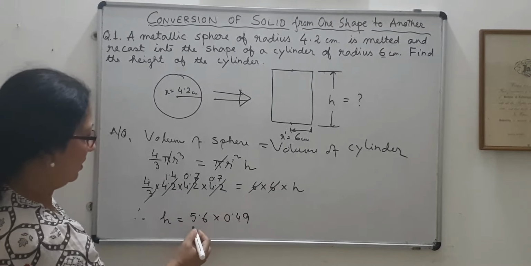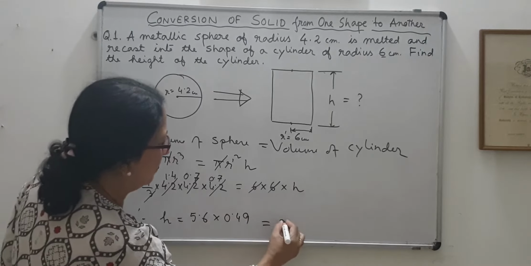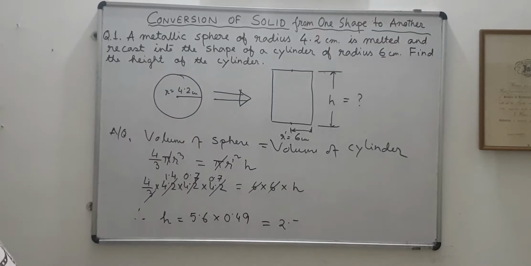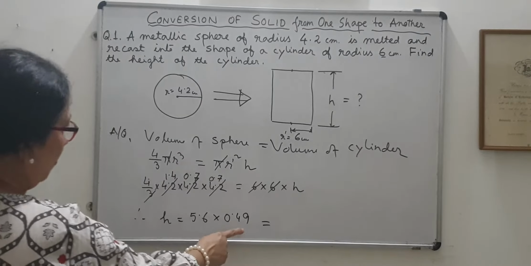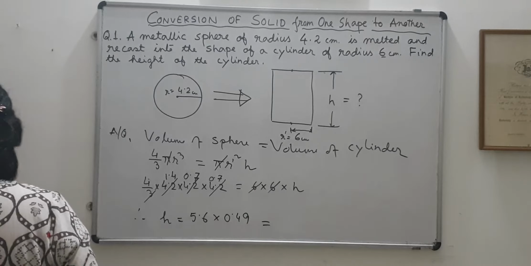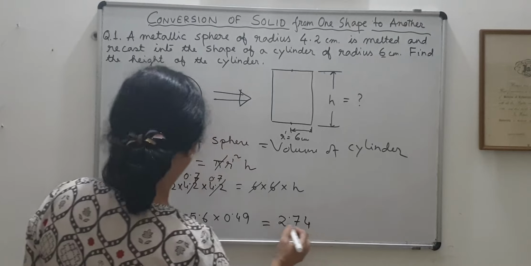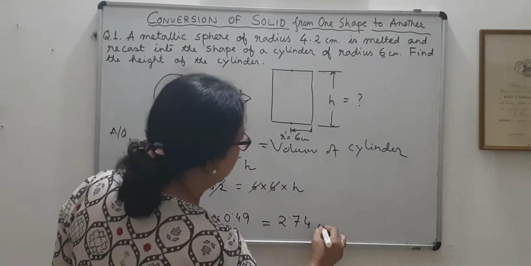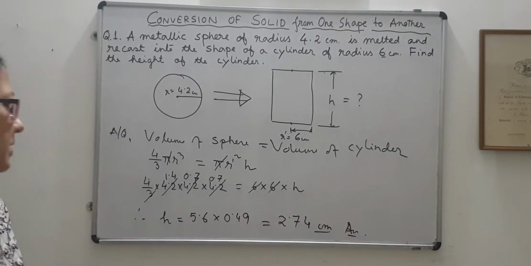So the calculation is reduced to this, and this will multiply. It will come out approximately 2.7, or no, sorry, it will not be like that. Because it's almost 50 percent of this, 0.49, yes, so it will be 2.744, approximately 2.74, and the height unit will be centimeter. So that is the answer. Okay.